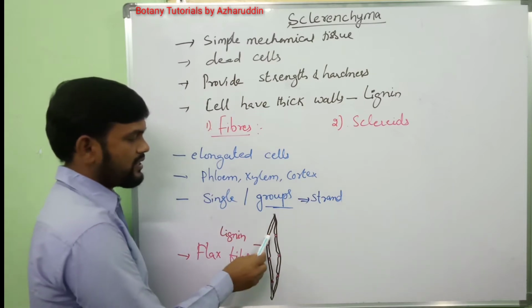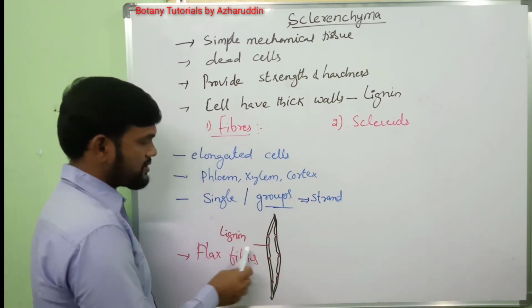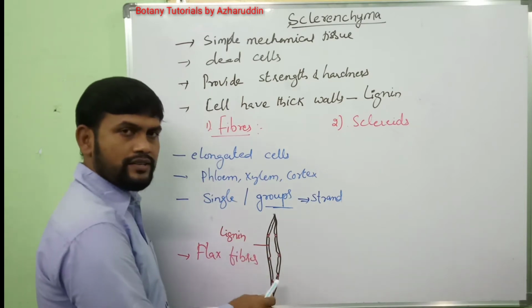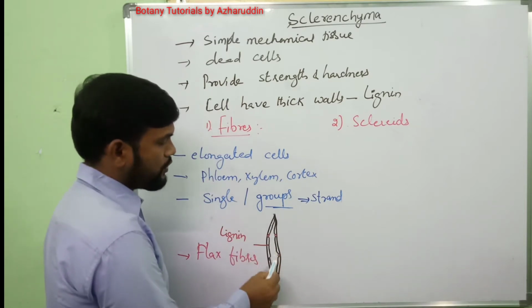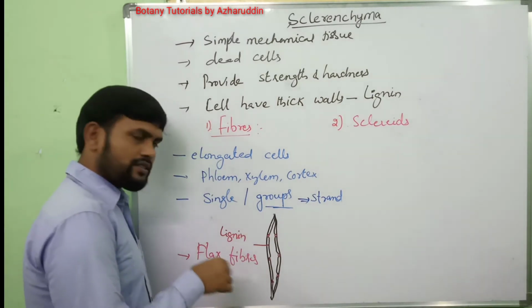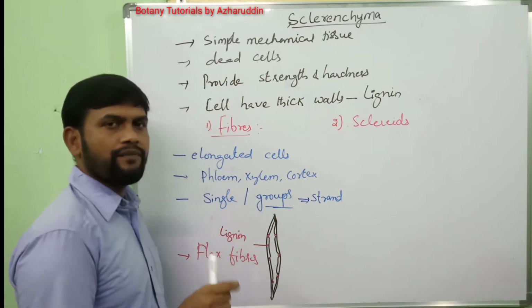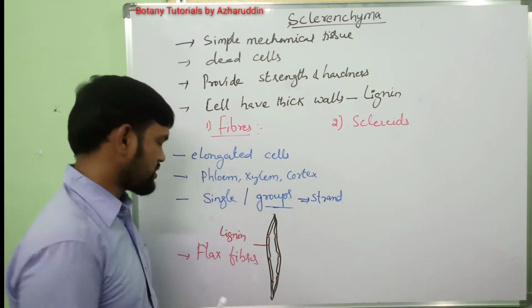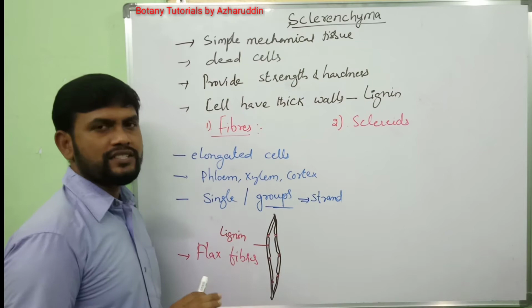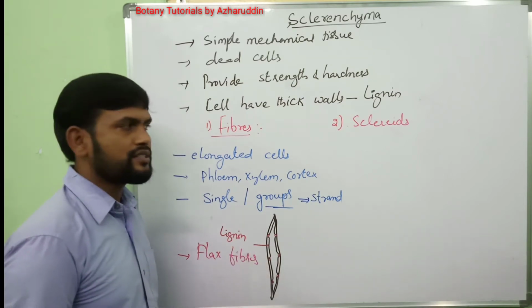In the cell wall, circular pores are present. Cells are dead cells so cytoplasm is absent. In some plants, fibers are made up completely of cellulose. Such fibers are called flax fibers, and they have high commercial value.